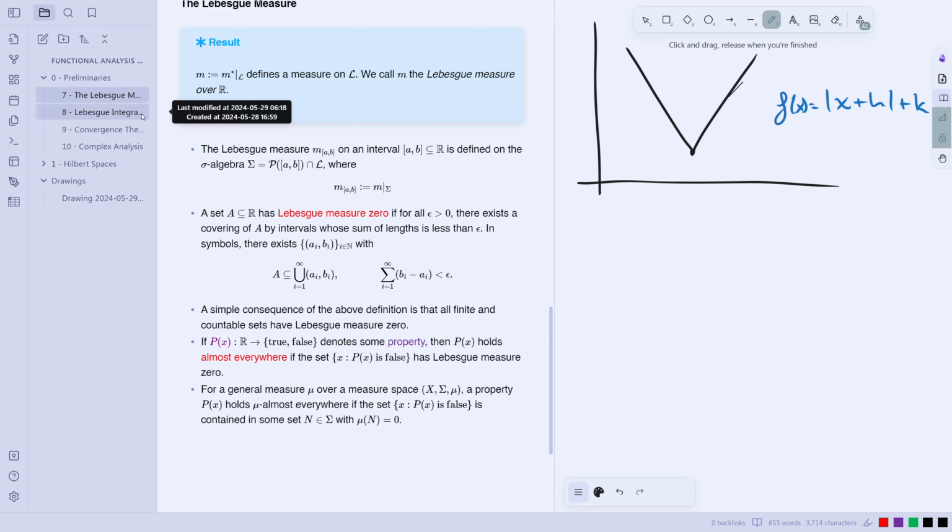So here's what we're going to do. We just did this one. Next video, we're going to talk about Lebesgue integrals, very simple. Then we're going to talk about convergence theorems. This is like the pinnacle, the climax of this movie. We're going to talk about the monotone and dominated convergence theorems, which are really fun, super useful, and extremely important.